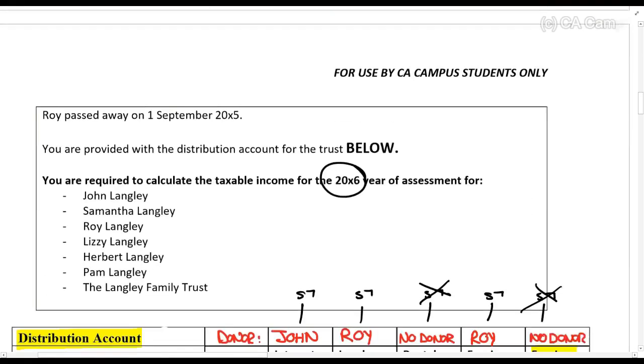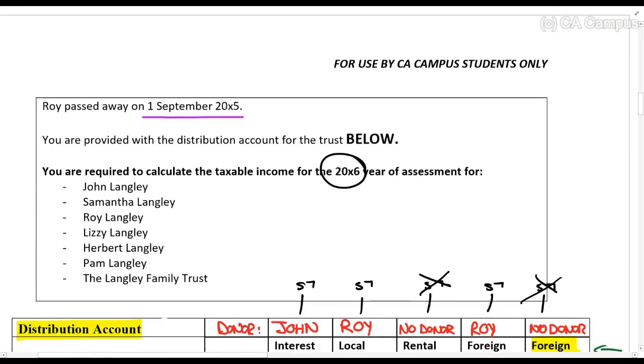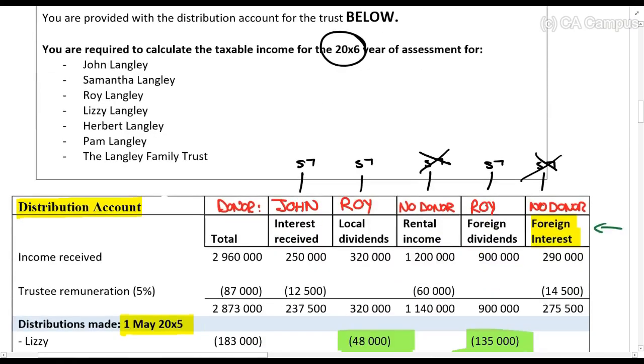Alright, then Roy passed away on the 1st of September. So who is Roy? He is the grandfather of the children. Now what is important there is that section 7 applies only while he is alive.